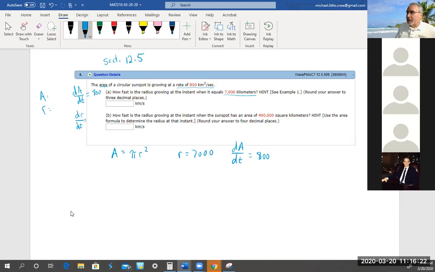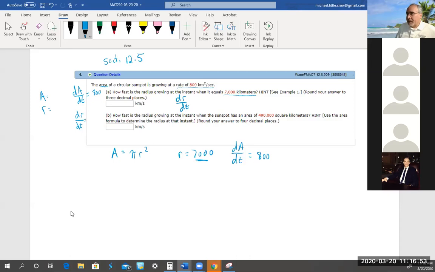We're looking for dr/dt, and what we're missing is A, but what we're going to have to do is plug the 7,000 in here to calculate the A, and then calculate dr/dt by finding the implicit derivative of the area function.